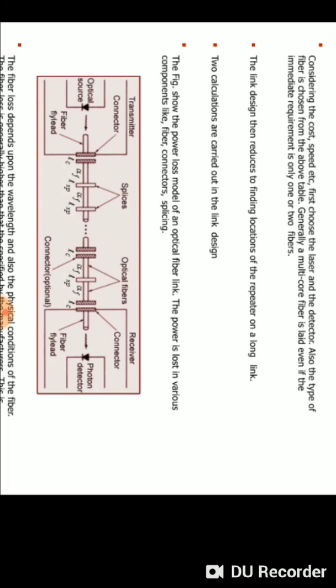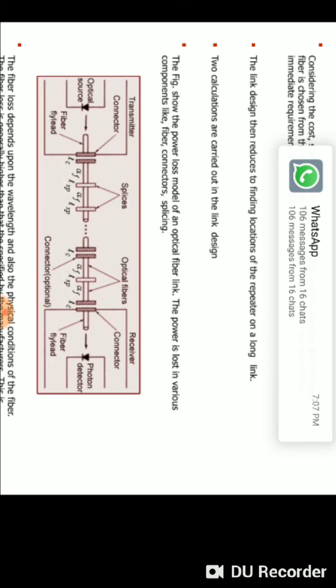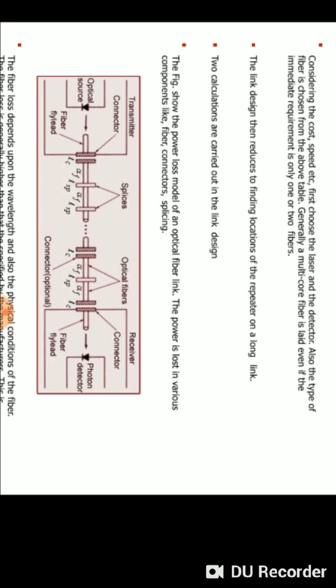The first block is the optical source that generates the optical power, which is then transmitted through the optical transmitter. Between the transmitter and receiver, we have used splices, optical joints, optical connectors, and optical fibers. Splices are nothing but permanent joints between two optical fibers, and connectors are temporary joints between two optical fibers.